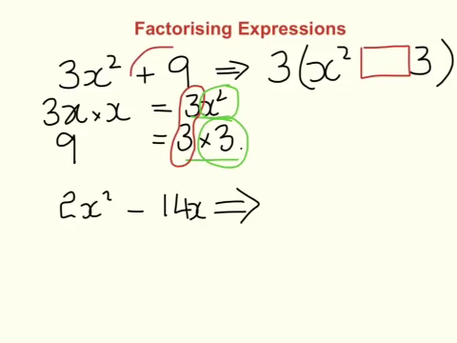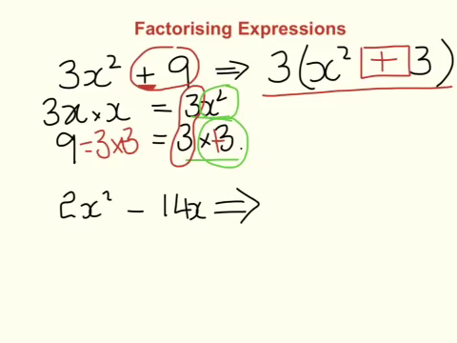We have a plus 9 here. That plus comes with that number here over to in the middle, because 9 equals 3 times 3. It's a plus here, a plus and a plus here. Here is our expression. Testing using the distributive law, if we've got it right, we have 3x squared plus 9. Correct.